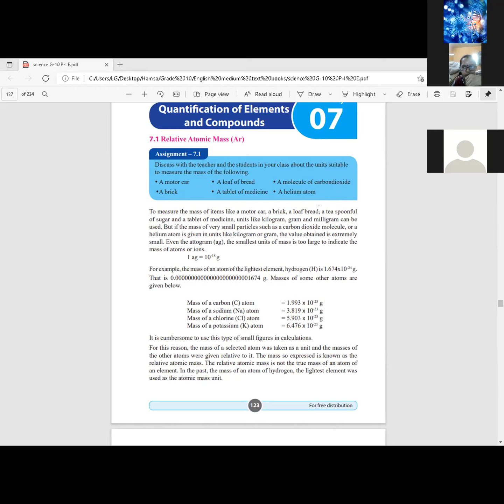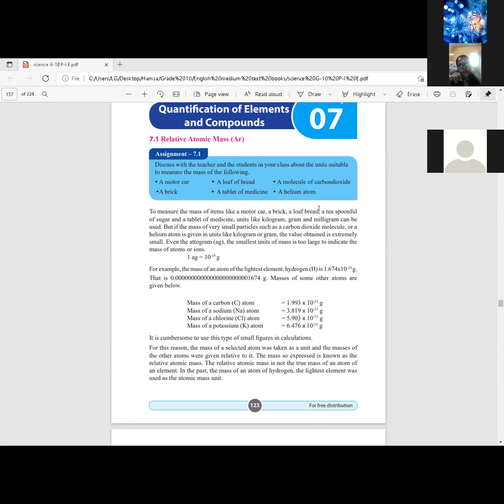If you don't know, please tell me, and I can realize what you know and what you don't know. So now only I came to know that you all don't know the order. Definitely you must know the order because you need the atomic number. If you know the order, only then can you write the element's atomic number.